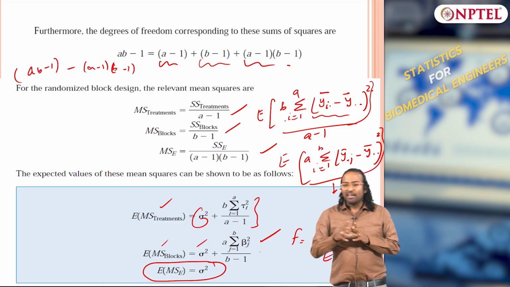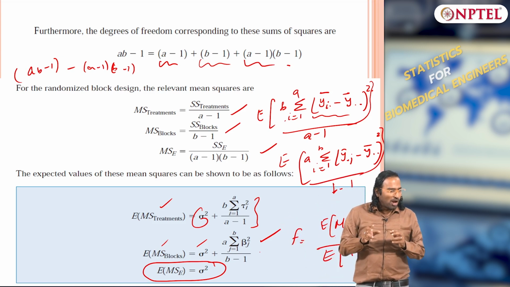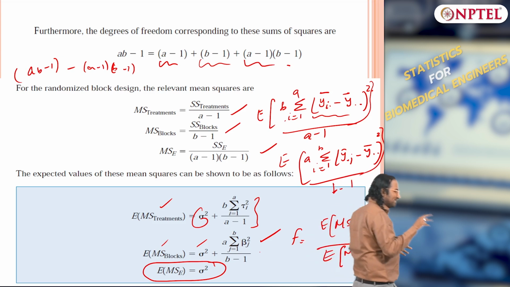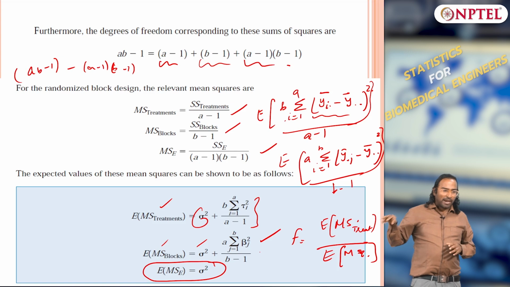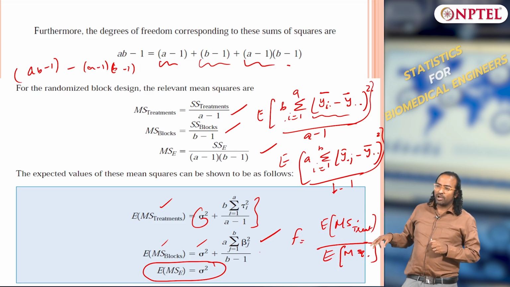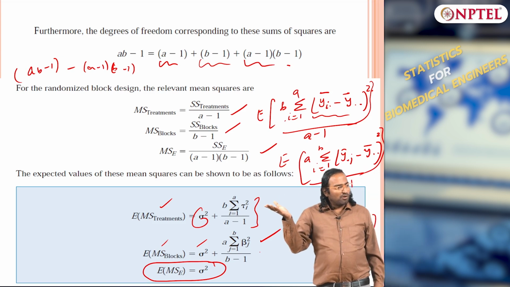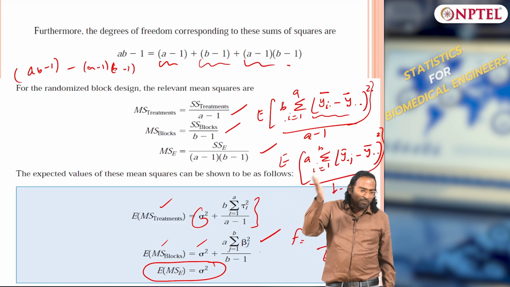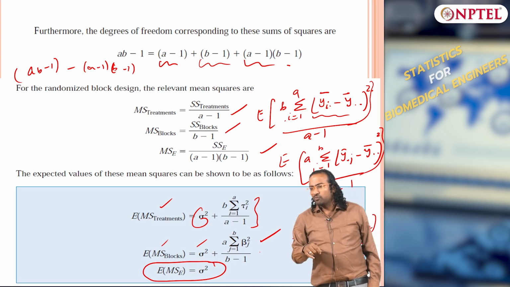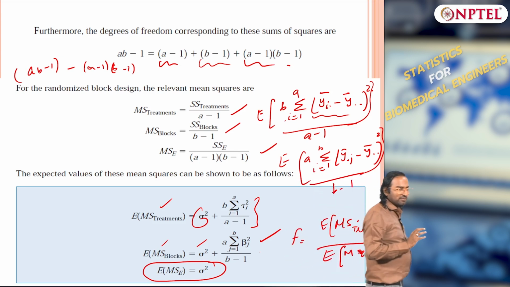I am only factorizing the variance due to block separately, not piling it into the sum squared error. If the sum squared error shoots up, your beta, the type 2 error, will go high, and the power of the test will go down. That is why you need to do this.